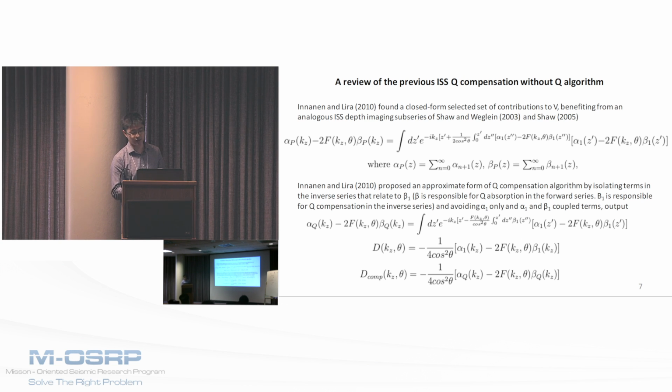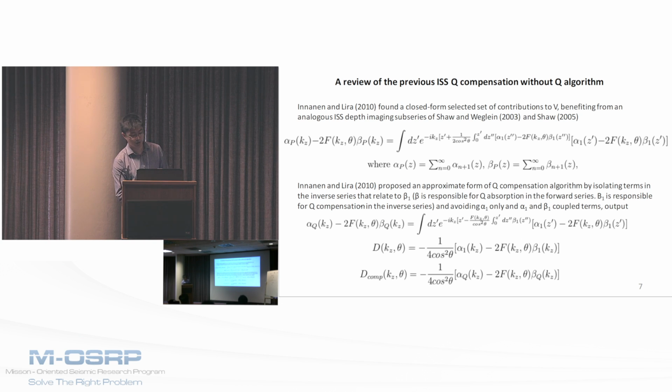So in the inverse series, beta 1 is responsible for the Q compensation. We isolated the term only related to beta 1 and avoided using the alpha 1 term. This isolated term is shown here.